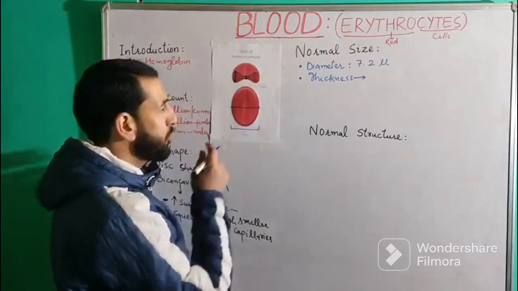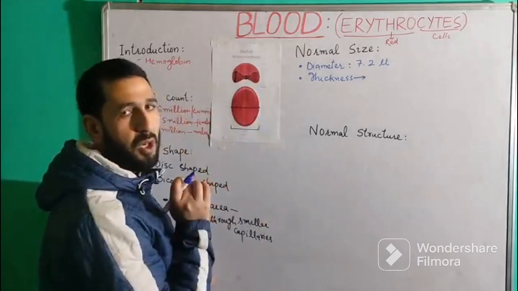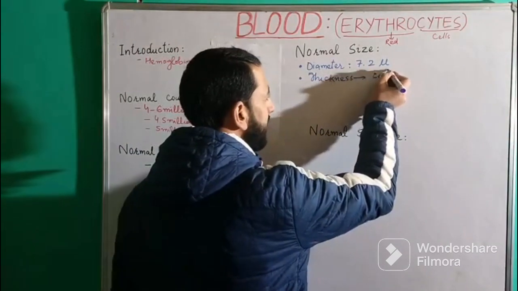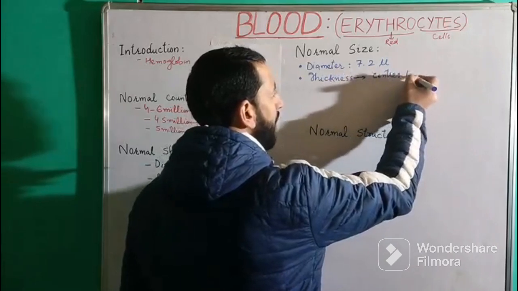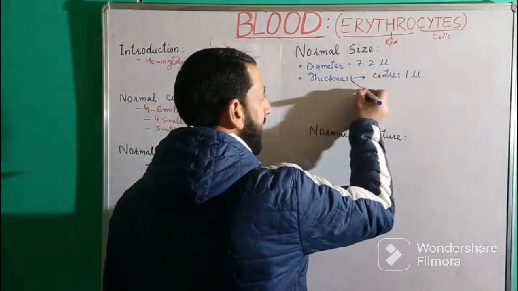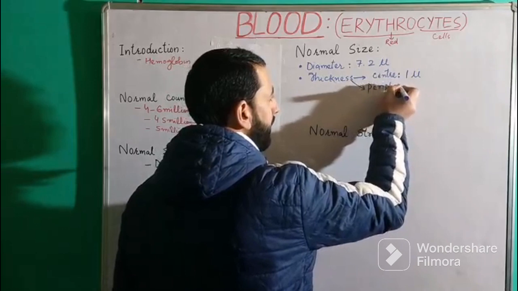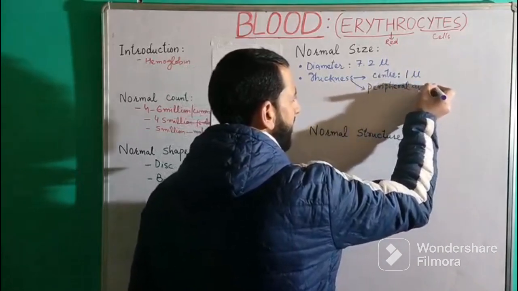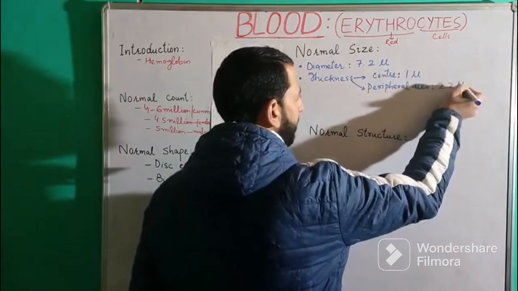In the center the thickness is approximately 1 micron, and in the peripheral area the thickness is approximately 2.2 microns.